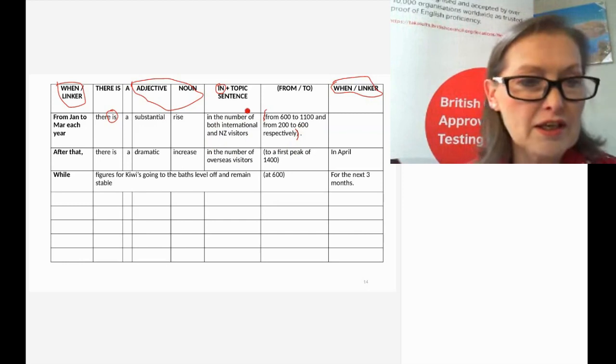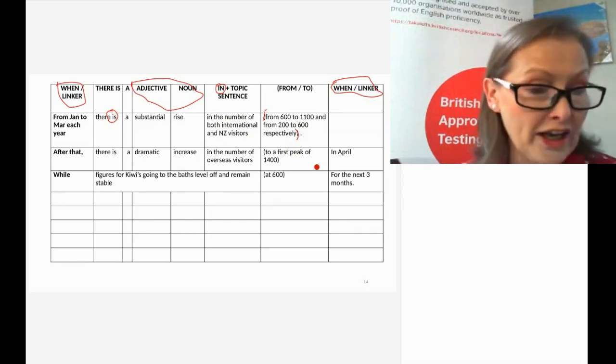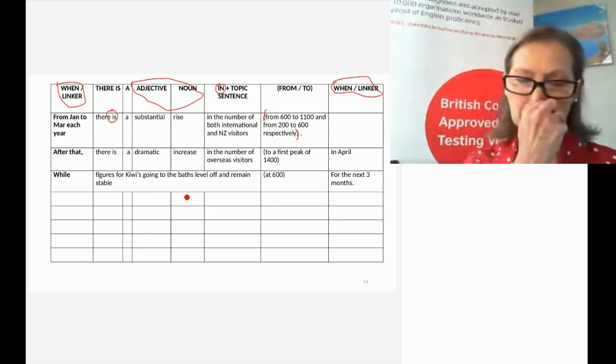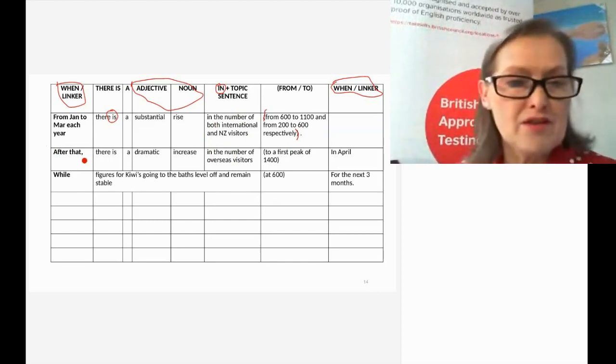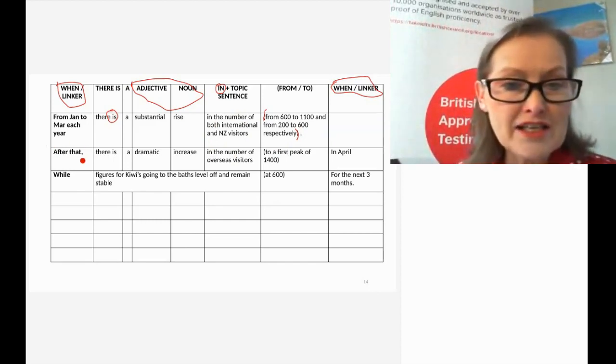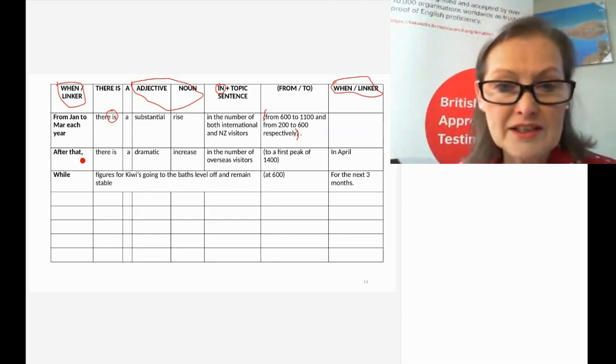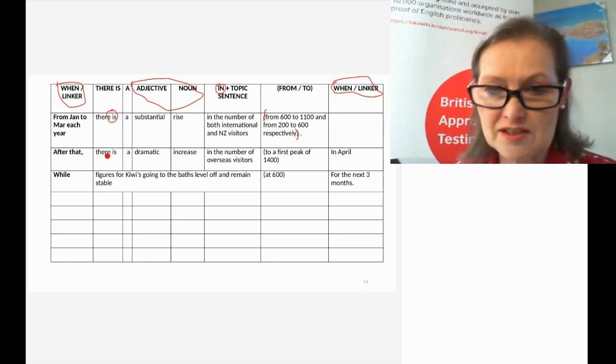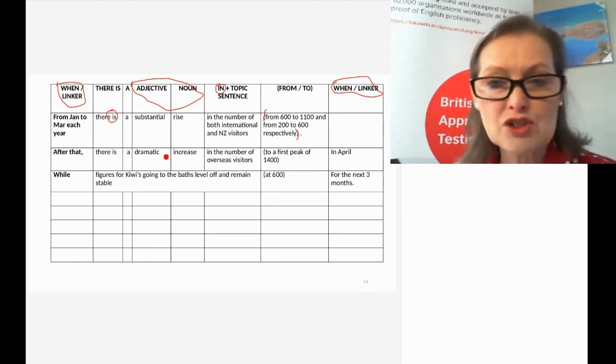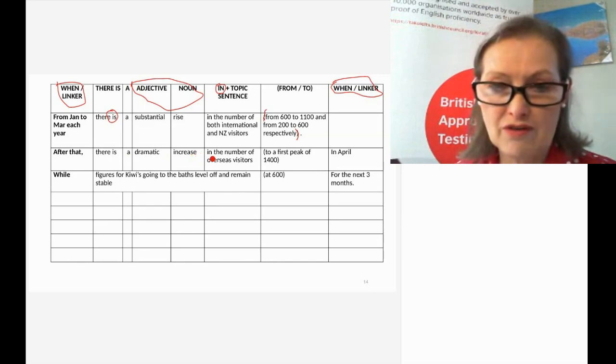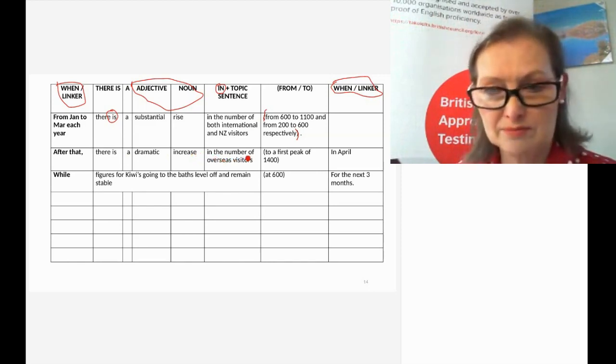Once again, I could say after that or then. There is a dramatic increase in the number of overseas visitors, and once again in brackets, to a first peak of 1,400 in April.